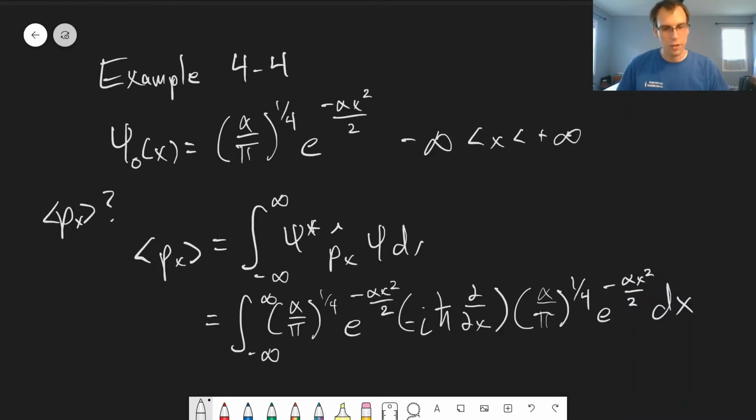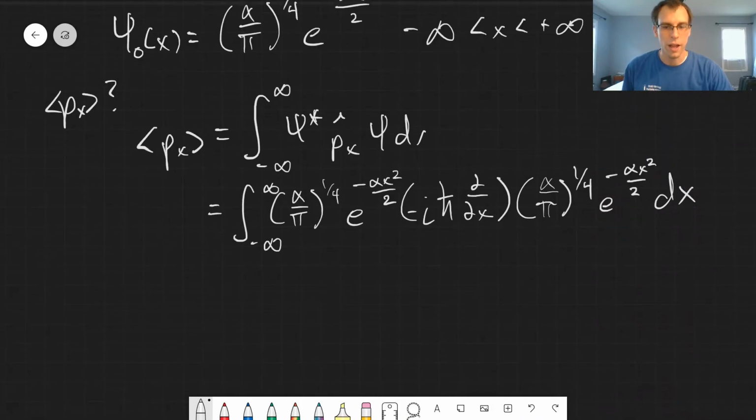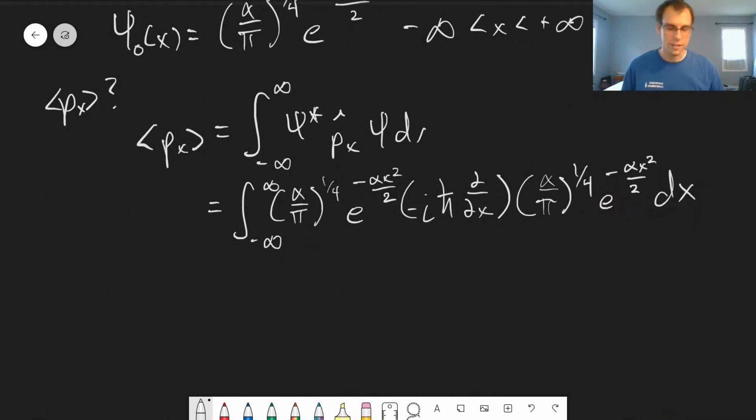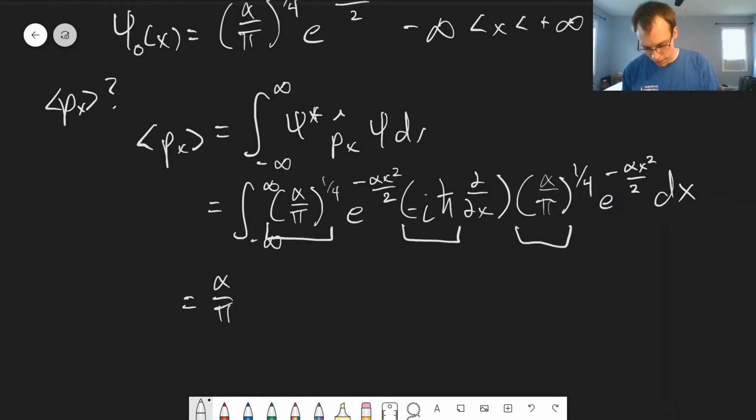Let's go ahead and pull out all the constants that we have here. This is something I always like to do to keep track of what's going on in a system: anything that doesn't involve our variables, we can pull out and take separately. So I'll end up with (alpha over pi) to the 1/2. We don't actually know what alpha is, but it ends up not mattering for this problem. And we'll have an i h bar.